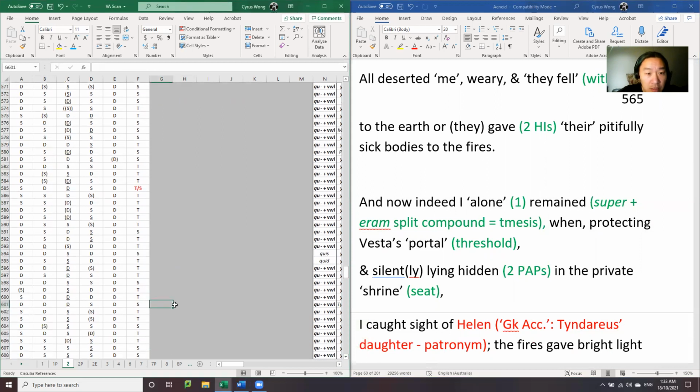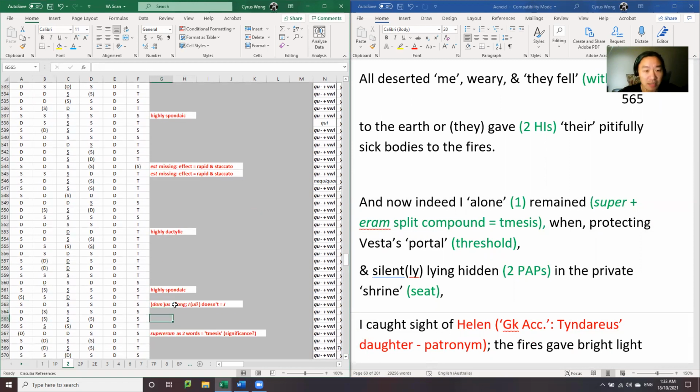So sometimes literary techniques don't really make sense. Sometimes there are other things in the line, such as temesis or some sort of rare construction, which might draw attention to the context or the significance of the line.